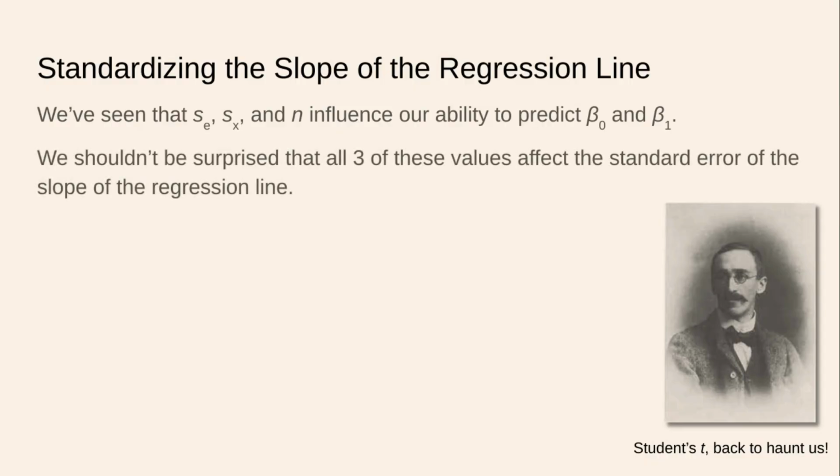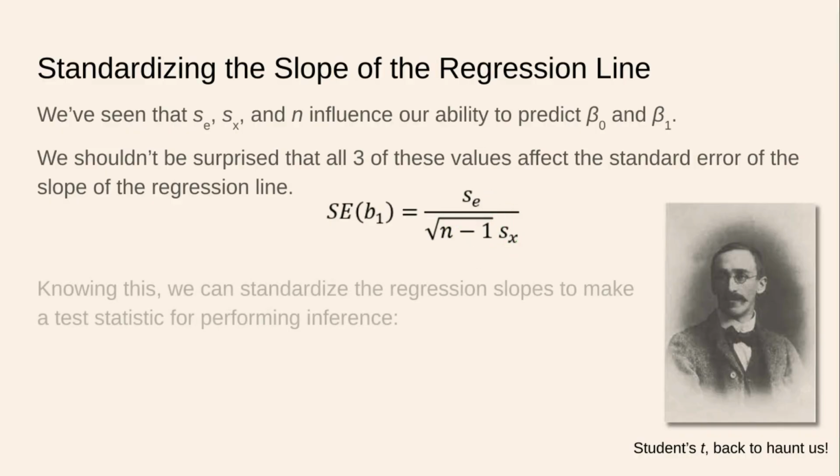We shouldn't be surprised that all three of these values affect the standard error of the slope of the regression line. So the standard error of b sub 1, which b sub 1 is what we use to predict beta 1, is influenced by all three of these variables that we have discussed.